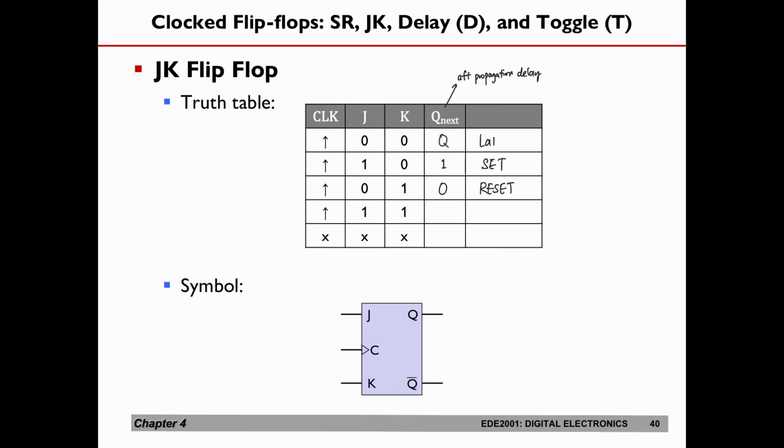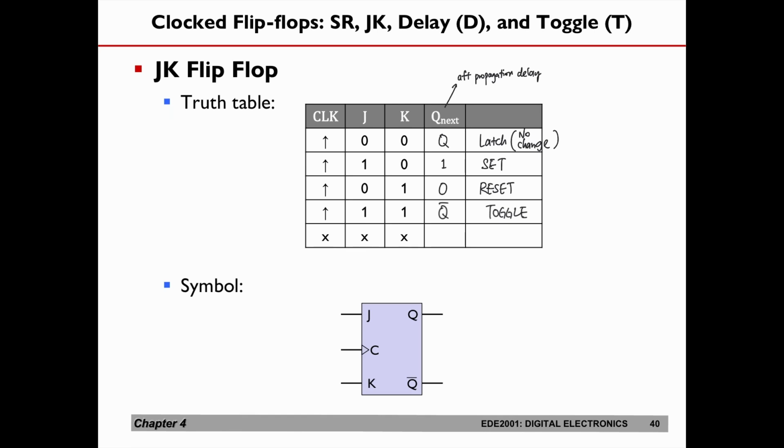We call this the latch or the no change. There will be no change in the output. And the last one, which used to be an invalid state for the SR latch, when J equals 1, K equals 1, then whatever Q is, it will just become Q bar. So we are in the toggle mode.